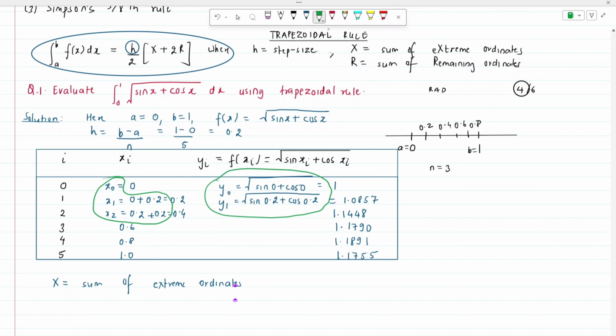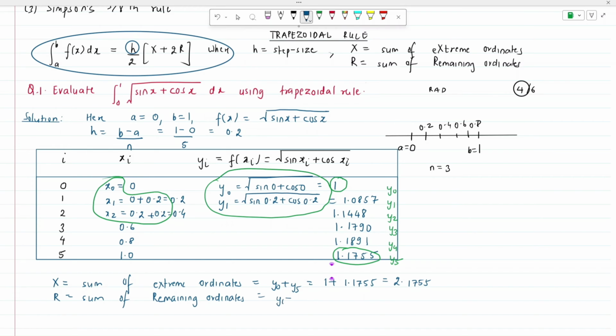In this case, we have y0, y1, y2, y3, y4 and y5. So the extreme ordinates are y0 and y5, and the other ones are the remaining. So the sum of extreme ordinates is y0 plus y5, and we get 1 plus 1.1755, which equals 2.1755.